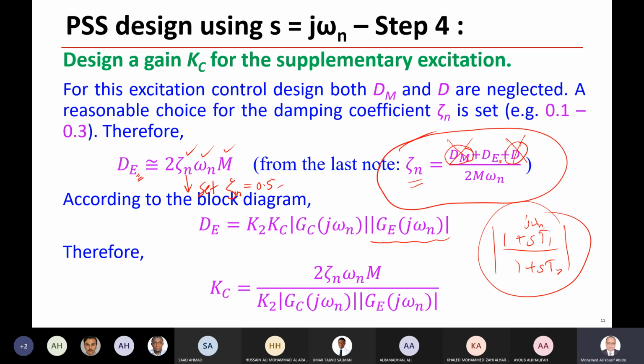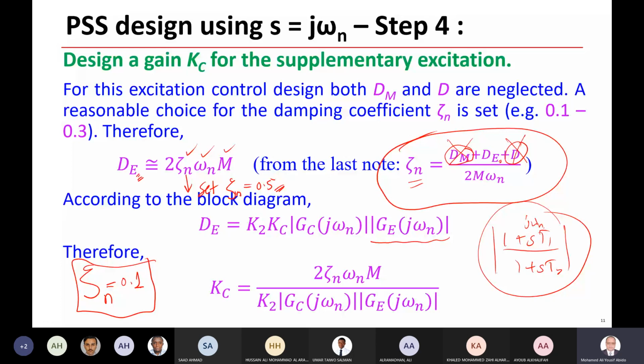That gives you zeta n equal to 0.5 or 0.3 or 0.4. Frankly speaking, in real life, if we look at a real case, the utility, for example, SCECO or SEC or any utility worldwide, if you have zeta n equal to 0.1, you are in good shape.